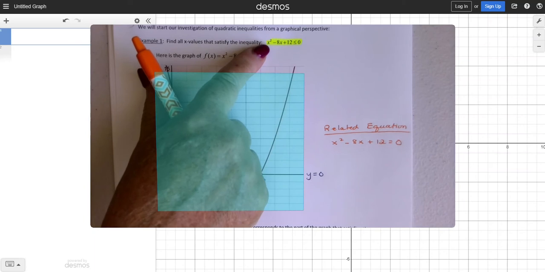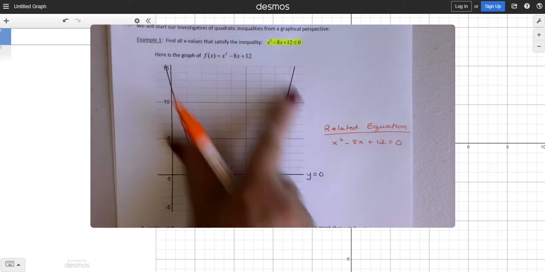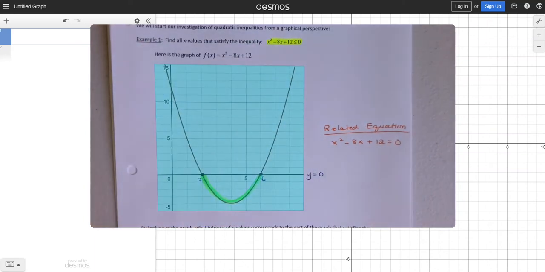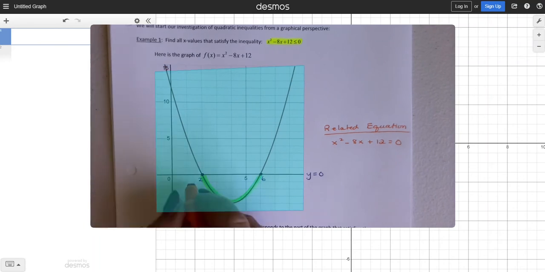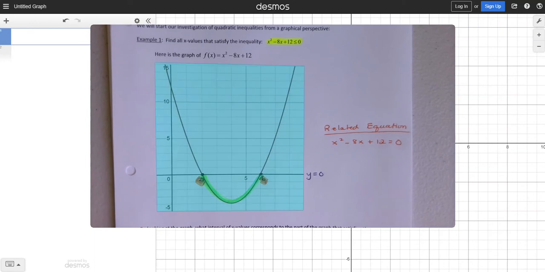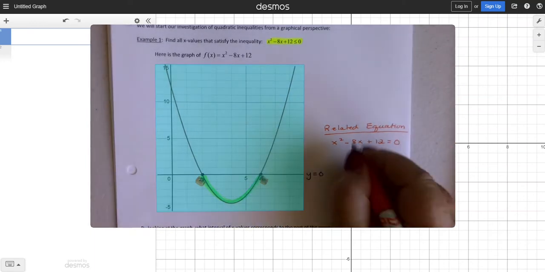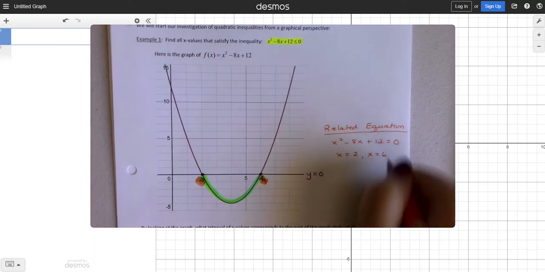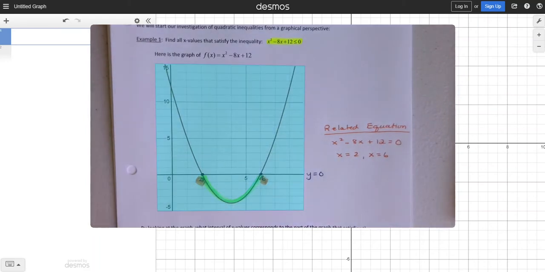Almost the same, but instead of the inequality, we just use the equals. And certainly, the solutions to that would be the zeros of the function, which I find at the x-intercepts, the 2 and the 6. Now we can clearly see them graphically, but it wouldn't have been hard to find those analytically either, right?